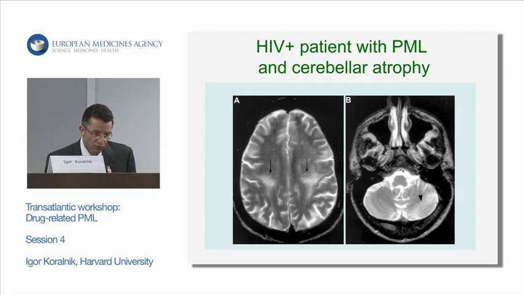And we had the occasion to see an HIV-infected patient with PML who had regular lesions of PML in the cerebellar white matter with positive JCV virus PCR, and who also had cerebellar atrophy and cerebellar syndrome, which was not explained because there was no lesion of PML in this area.